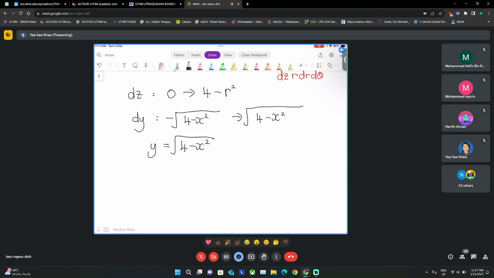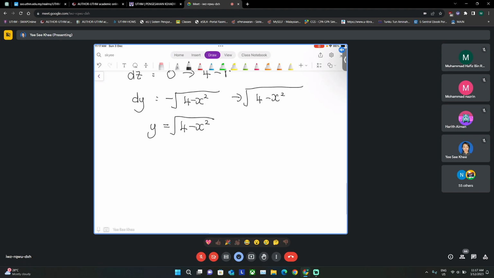This is a function that you need to draw. So before you draw, you need to identify the radius of this circle. So it is y squared, and you move the x to the left side. You see again, same circle, a circle with the radius of 2.